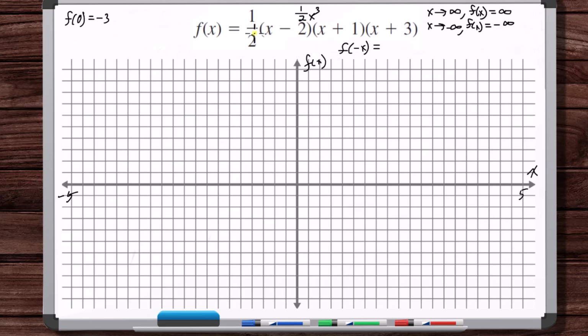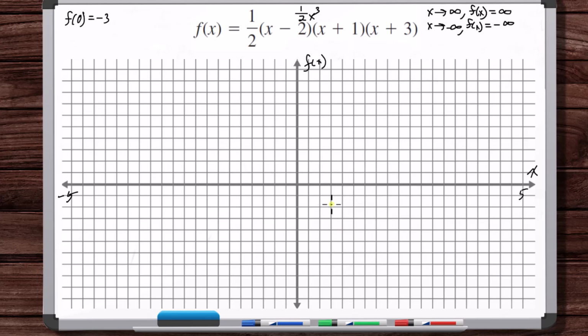You could take out a minus, you get x plus 2. You take out a minus, you get x minus 1. Then you make this x a minus, you take out a minus, you get x minus 3. Yeah, no. This is not going to be an even or an odd function.